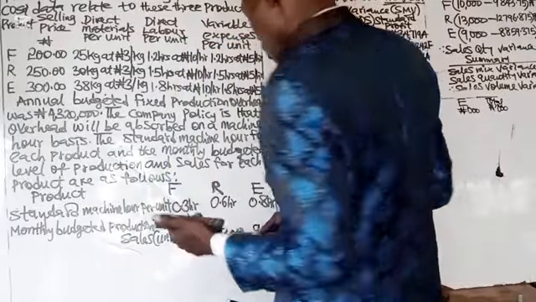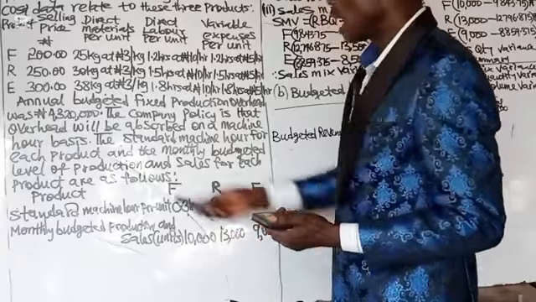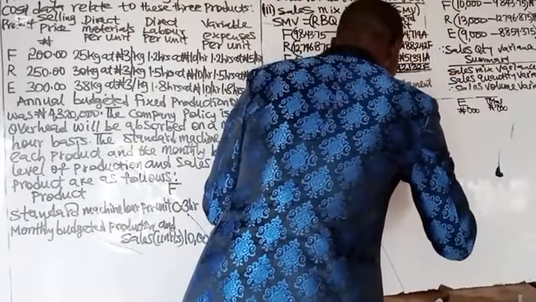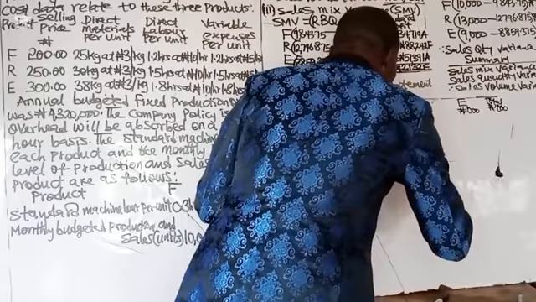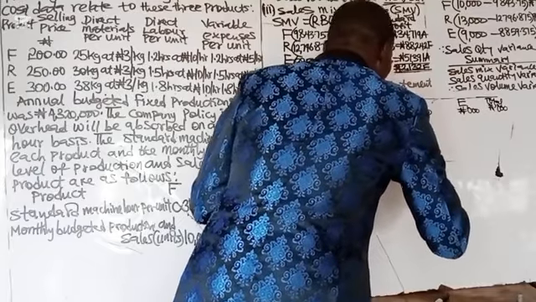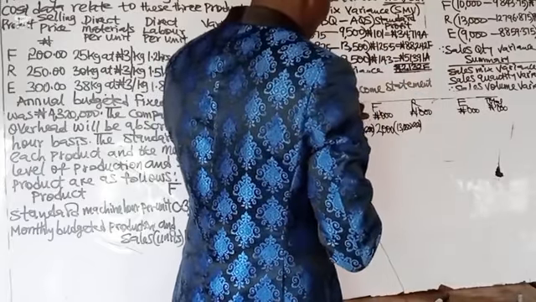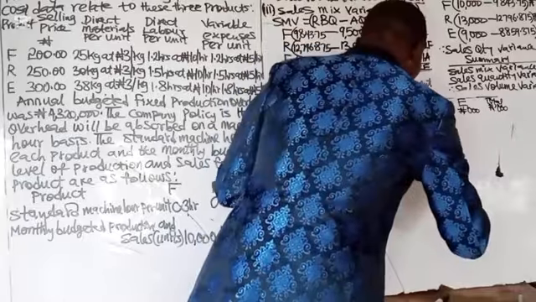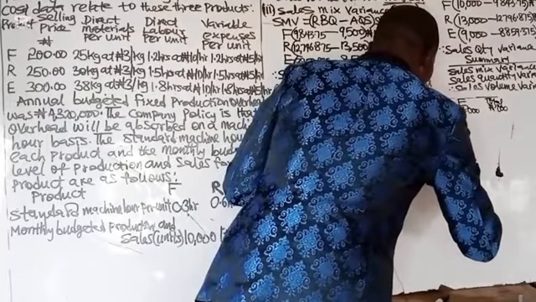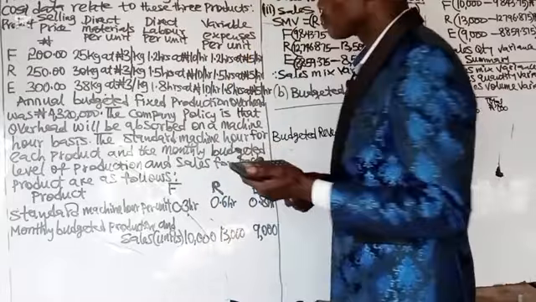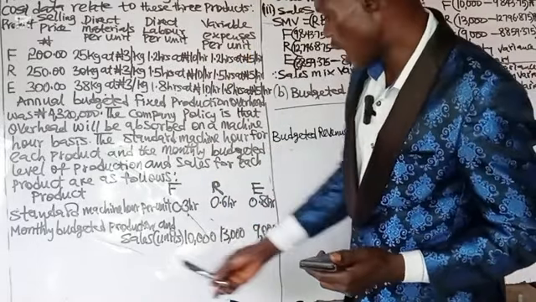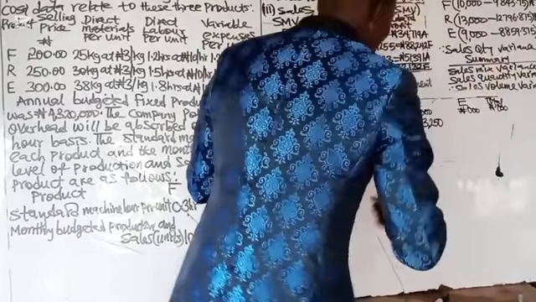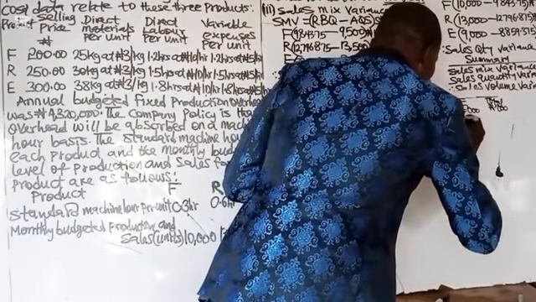For R, the budgeted quantity is 13,000 and the standard selling price is 250. 13,000 times 250 gives us 3,250,000. For E, we have 9,000 times 300.